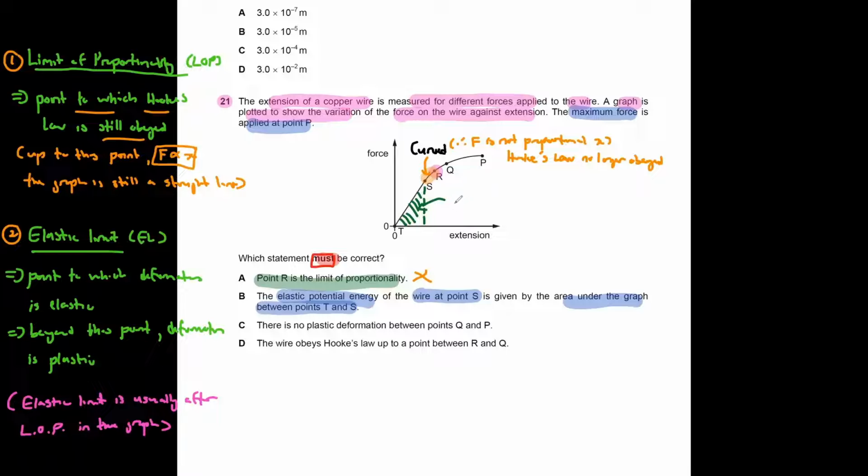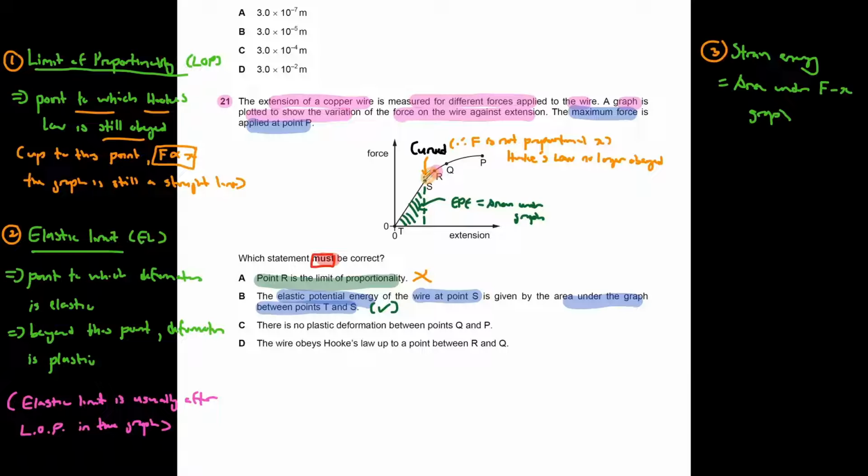Here they say EPE is the area under the graph. This one is correct because you already learned this in your deformation of solids before. Strain energy is actually the area under your Fx graph.